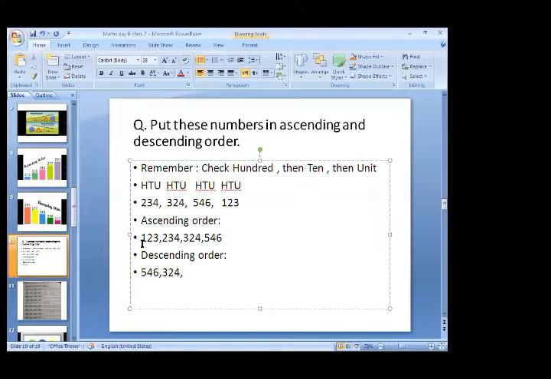Which hundred place is biggest? 1 is biggest or 2 is biggest? 2 is biggest, so you will write 234 first and at last 123. So these numbers are arranged from biggest to smallest. In descending order, we start with the biggest number and end with the smallest number.